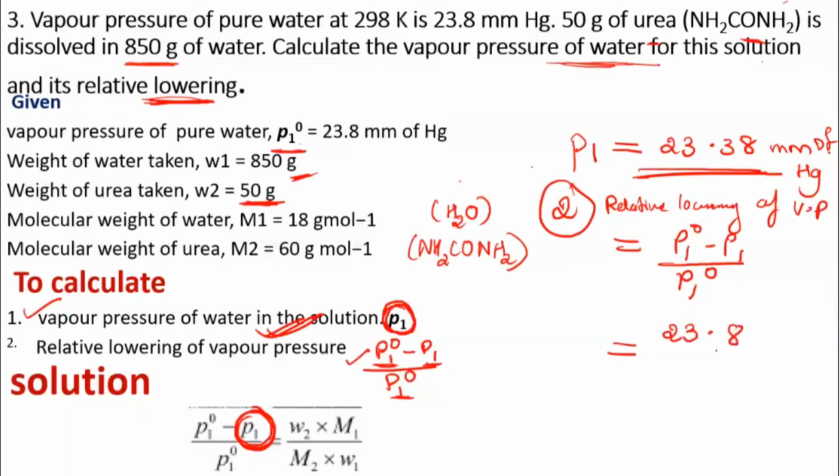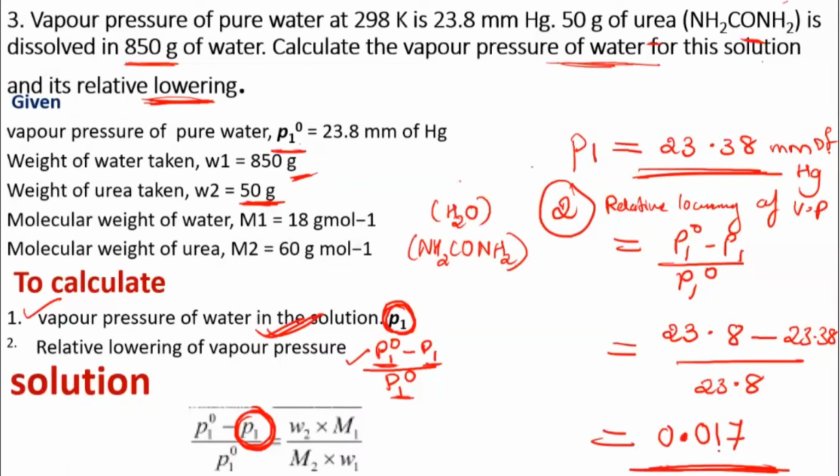This is the initial one for the pure one. Minus solution is 23.38 divided by 23.8. And you see pressure and pressure will cancel one another. You don't get any unit. Yes, final answer is 0.017. I'll write only 3 decimal places after the point, okay? No unit for this. This is the answer, everyone.